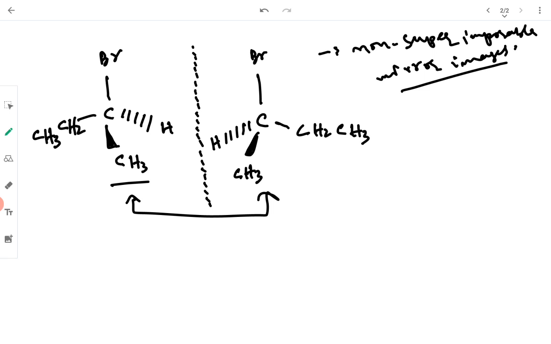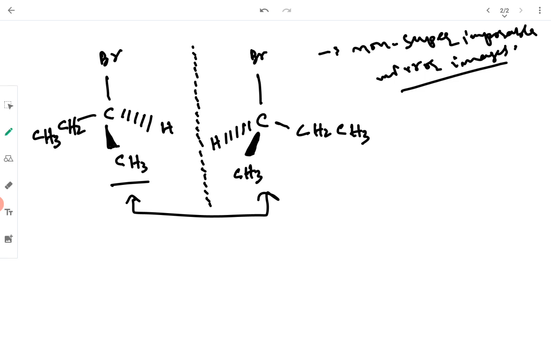Such non-superimposable mirror images are known as chiral molecules, or they are also called asymmetric molecules.